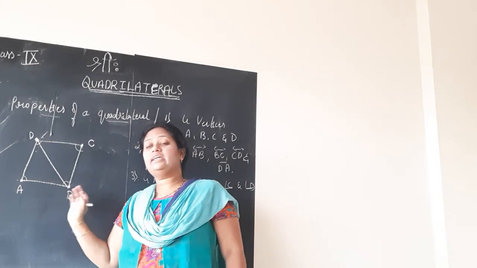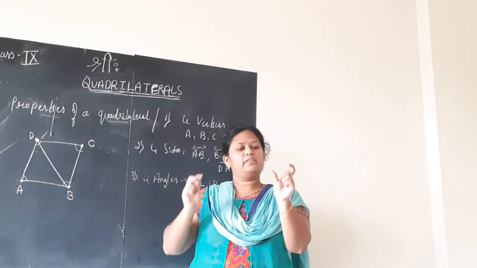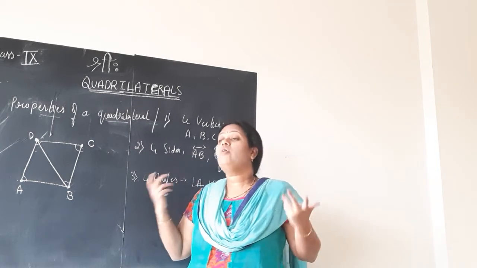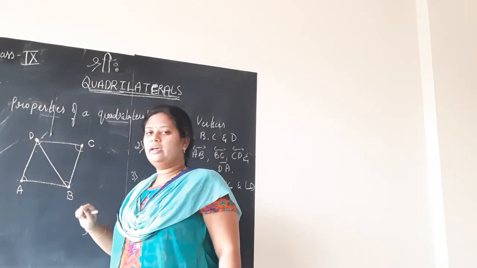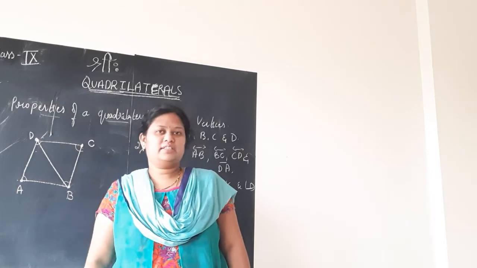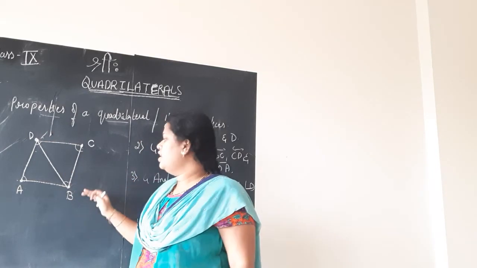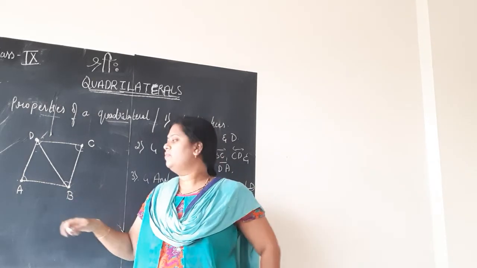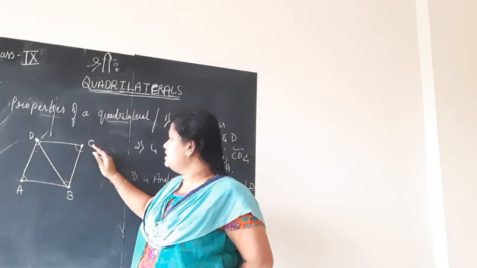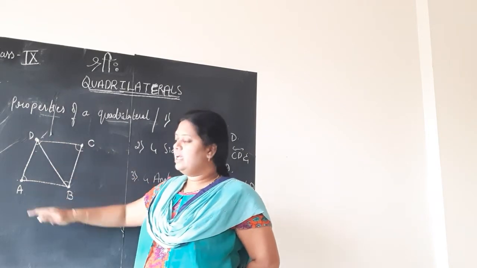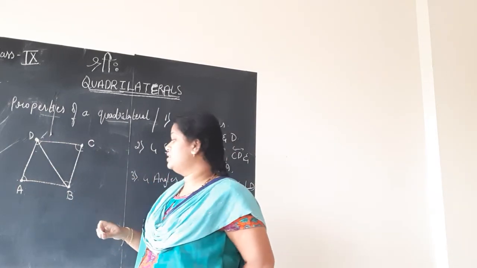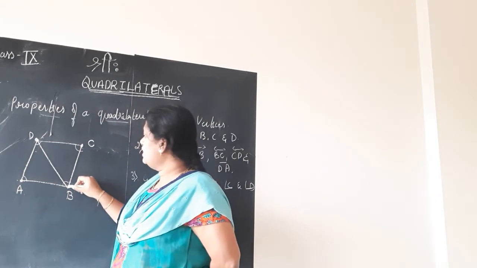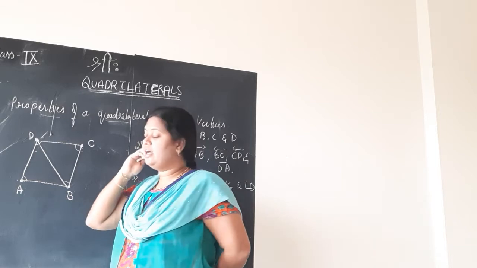How you have to easily remember is, if the vertices are one beside the other, they are adjacent, children. What if not? Like A and C, B and D, they are opposite. If they are not one beside the other, obviously they are opposite to each other. So, AB, BC, CD, DA are the adjacent pairs. Angle A and angle B are adjacent angles. Angle B and angle C are adjacent angles.